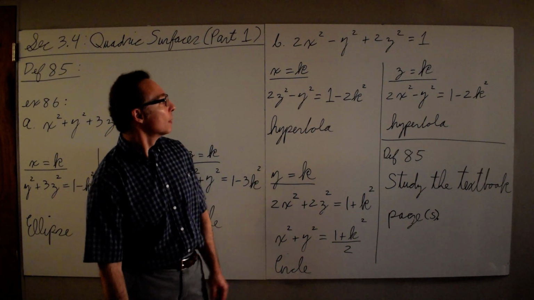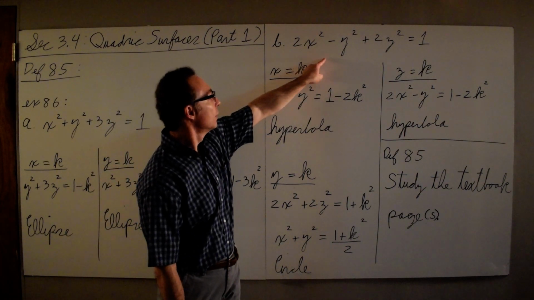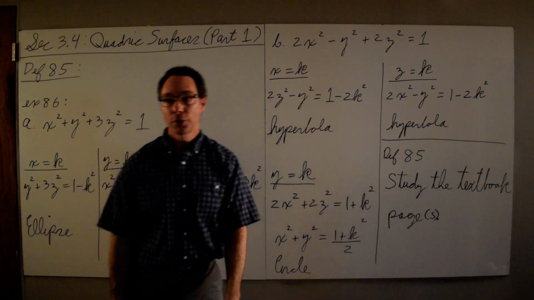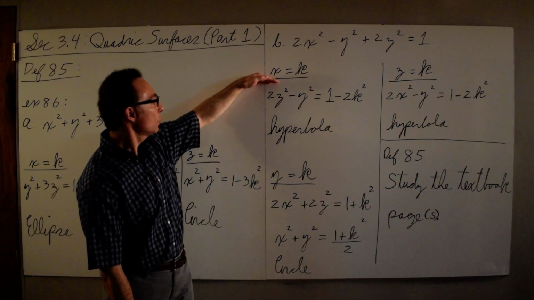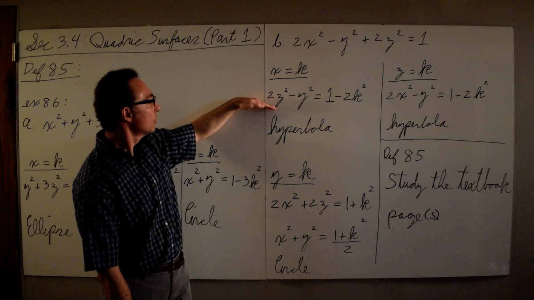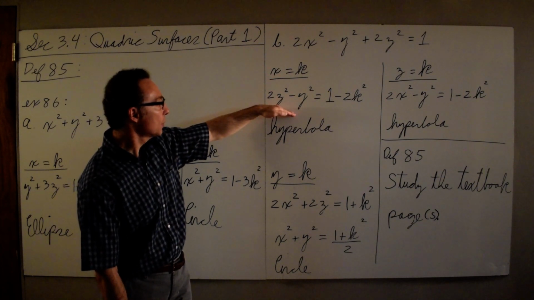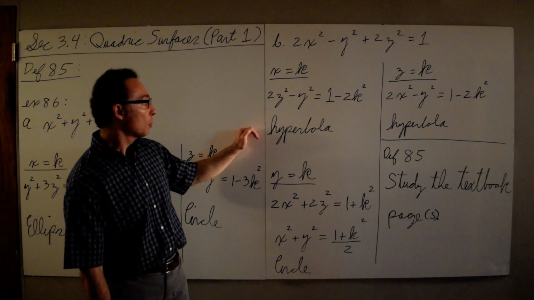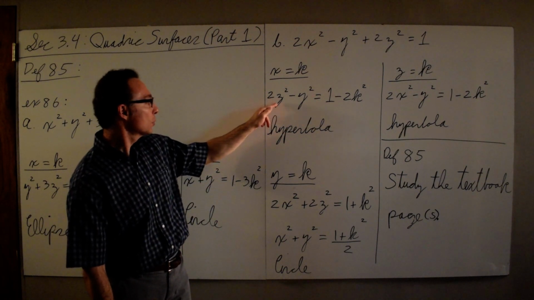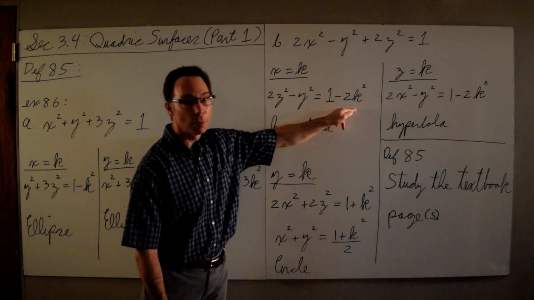Part B, we have 2x squared minus y squared plus 2z squared is equal to 1. When x is equal to k, we have minus y squared plus 2z squared equal to 1 minus 2k squared. This is a hyperbola. You have something squared minus something squared equal to some constant.